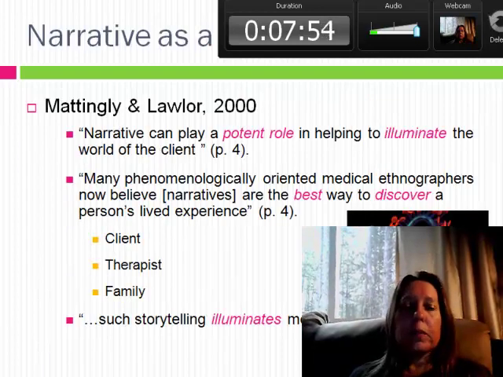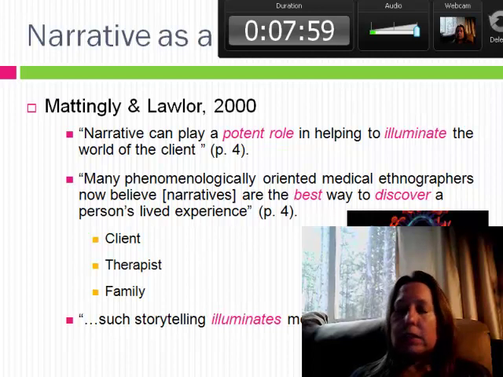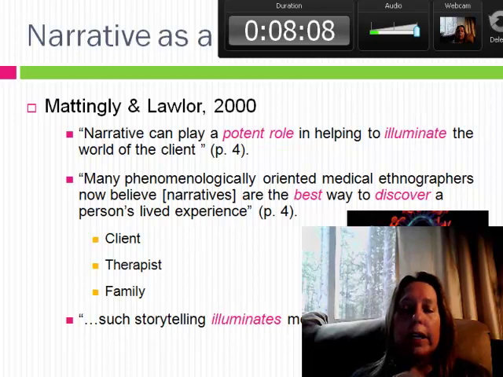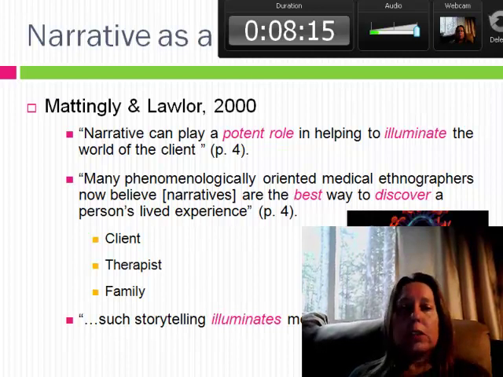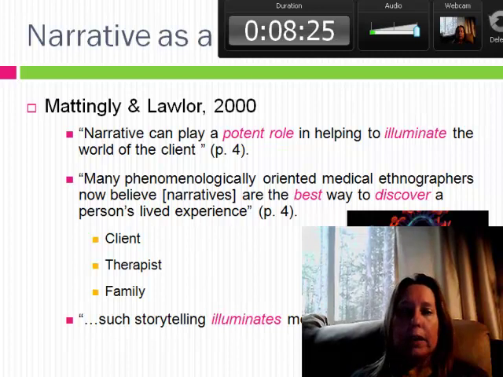We're also looking in this module at narrative as a research method, and that's abundantly clear in your readings. The highlighted, italicized pink words is my way of highlighting words that really spoke to me when trying to get this point across for this mini lecture. So Mattingly and Lawler in 2000 talk about the potent role that narrative can play in illuminating, I love that word, illuminating, and I'll talk about this picture in a minute related to that, the world of the client.